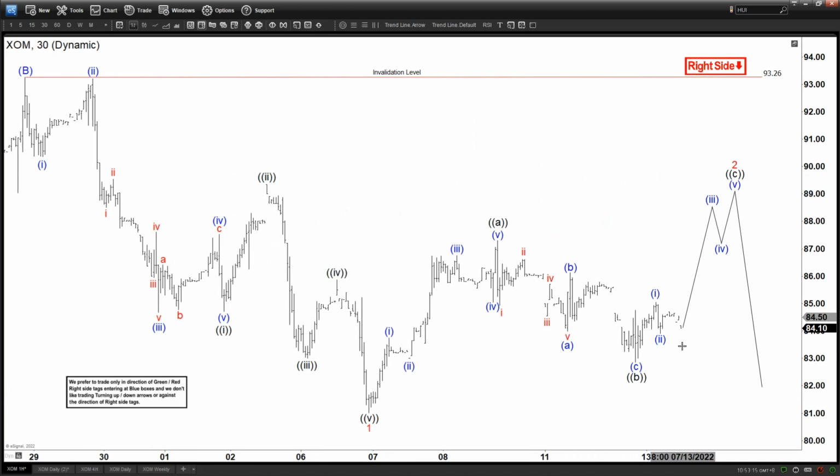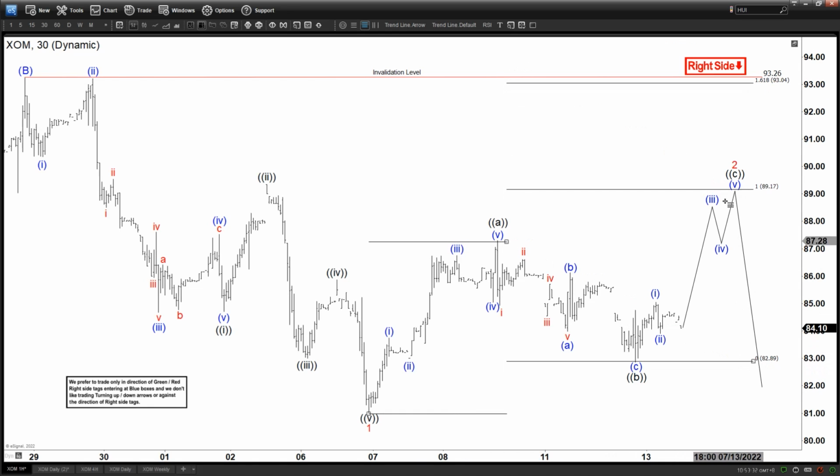One is just going down straight. Another is doing what we are showing, which is the primary view. I'm not trying to change the primary view; it still remains the same. There is a rally and then going down as long as we stay below 93, and that means the next 100% can find sellers right here at 89, and then from here we can go down.